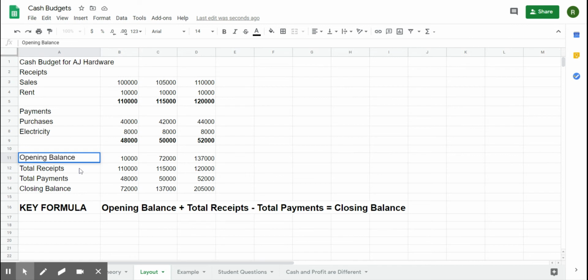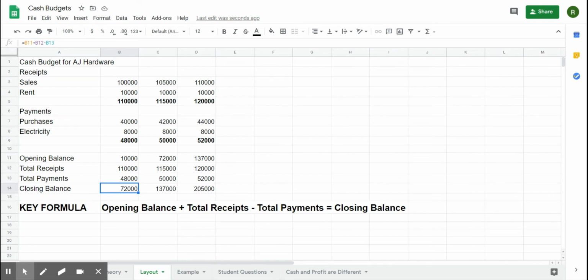Okay, so the opening balance is the amount of money that they have at the start of the time period. In this case, it's 10,000. We add all the receipts in the month, 110,000. We subtract all of the total payments, in this case 48,000, and that gives us a closing balance of 72,000.